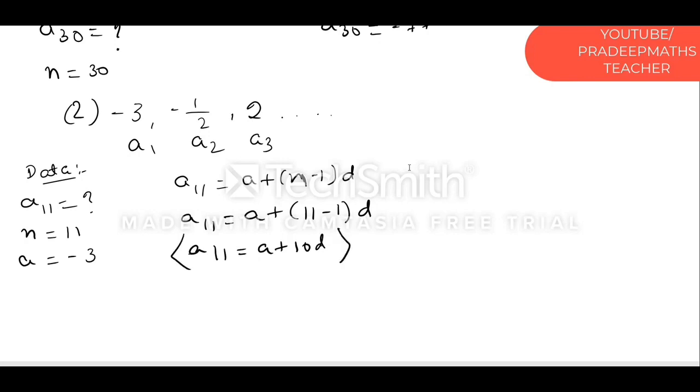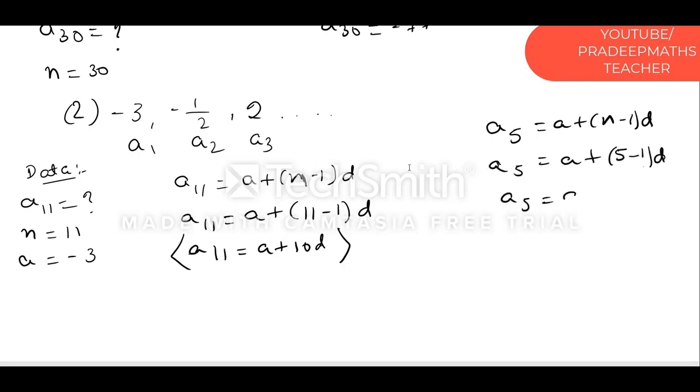For example, I'll write another one. If they have asked to find the fifth term, a plus n minus 1 into d, here n value is how much? 5. So the formula will become a5 equals a plus 5 minus 1 into d. So the fifth term formula will be a plus 4d, correct?